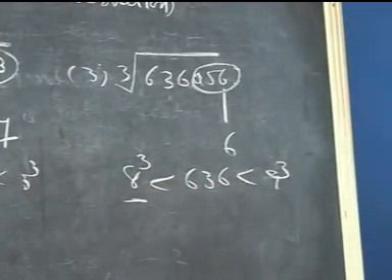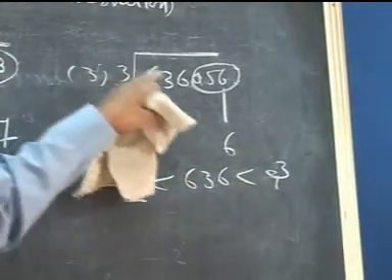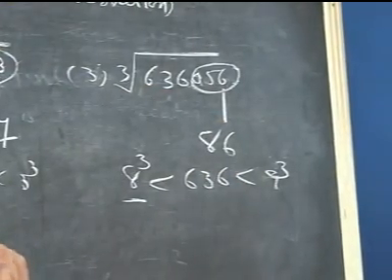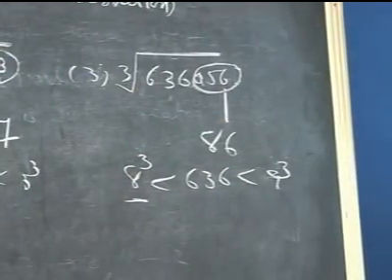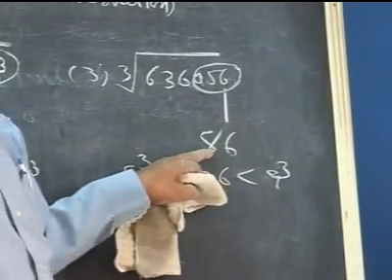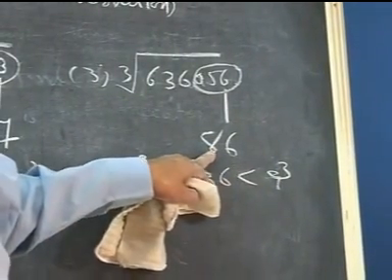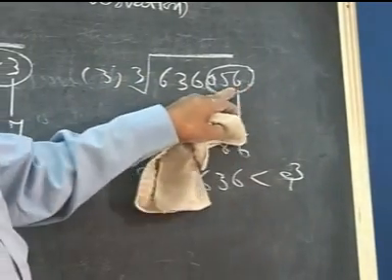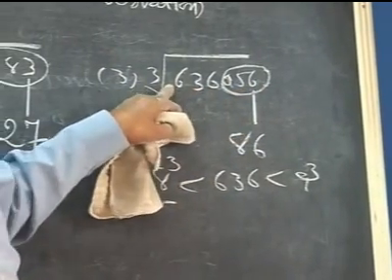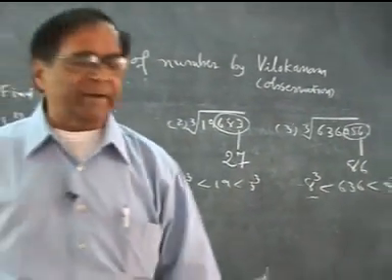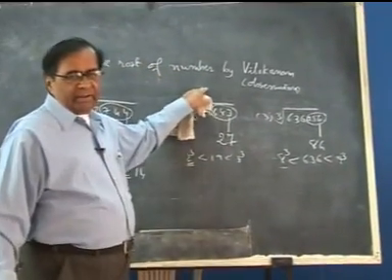So 8 is the biggest number whose cube is not greater than 636. You put 86 and easily you can find the cube root, 86. You can verify also. So this is the way to find the cube root, and cross check also.